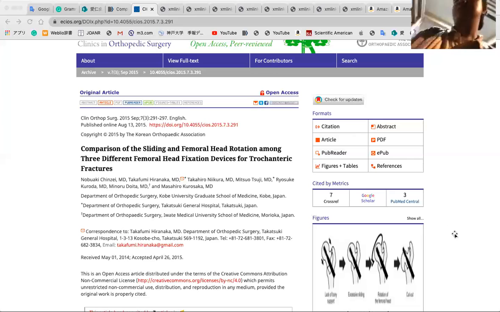Maybe the femoral head center is here. The femoral shaft center should be here. It is slightly posterior to this line. This is the femoral neck axis calculated using the CT scan.